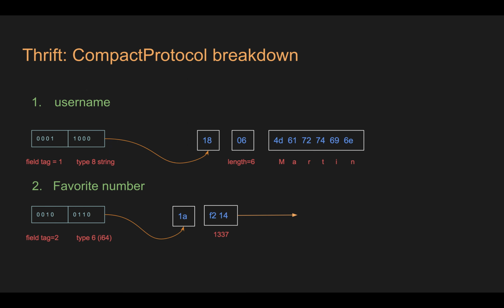So for username, 4 bits are allocated for the field tag, and then 4 bits are allocated for the field type, which is string. So all this info just fits in 1 byte, which is 18 in hex. Also, for integers, it uses variable length integers. So rather than using the full 8 bytes for the number 1337, it encodes the number in just 2 bytes.